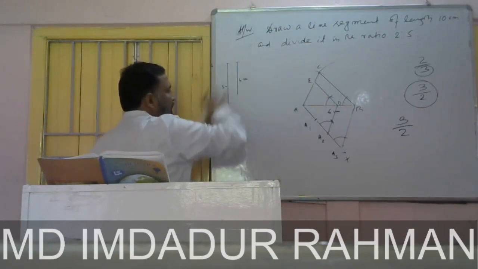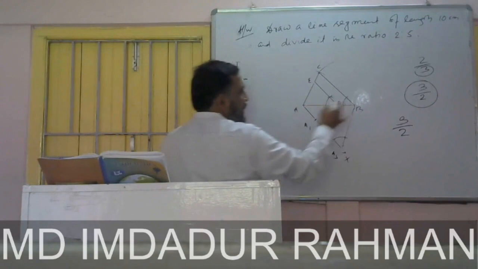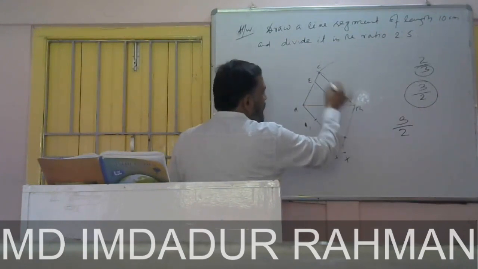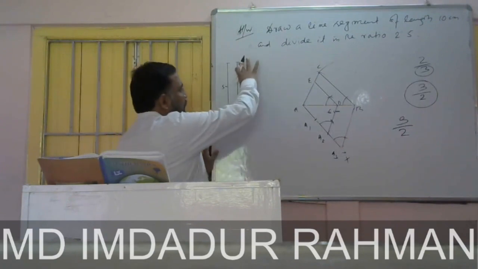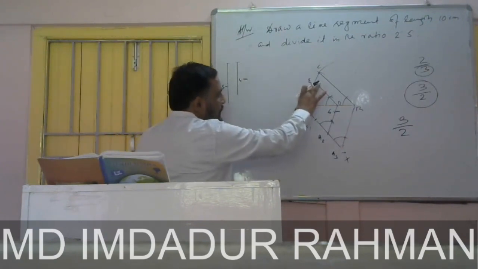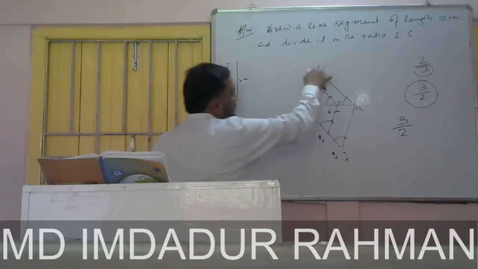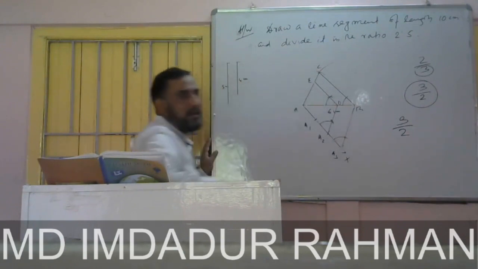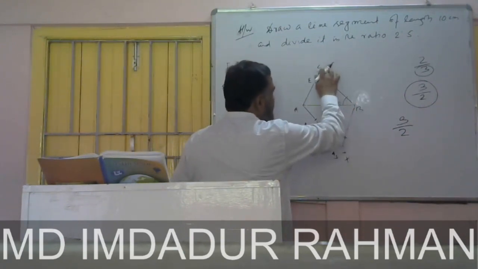I have taken the length of 5 cm and from B we have drawn an arc. Again we have drawn a line segment of length 4 cm and from A we have copied and the intersecting point is named C. Therefore triangle ABC is formed.